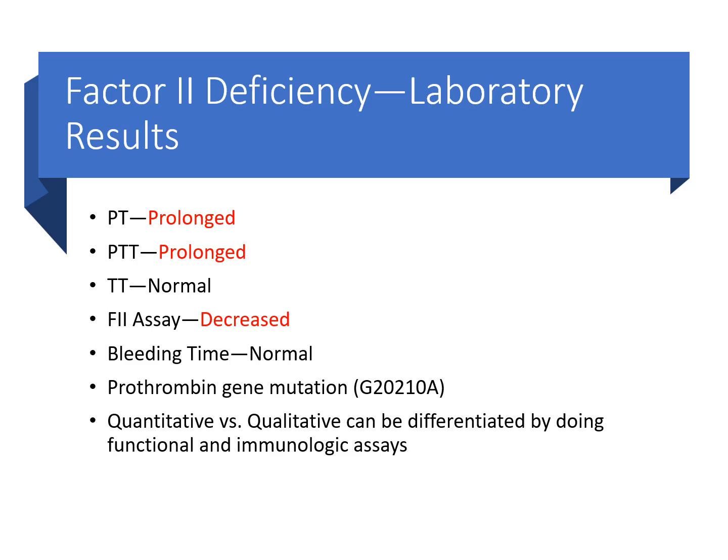Now, if you think about where prothrombin lies within the coagulation cascade, we know that that is associated with the common pathway, and that's why we're seeing prolongation in both the PT and the PTT. Our thrombin time testing would be normal, but when we go to do a specific factor assay for factor II, we would find that that activity would be decreased.